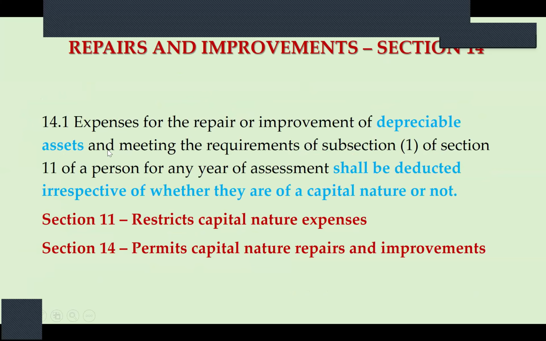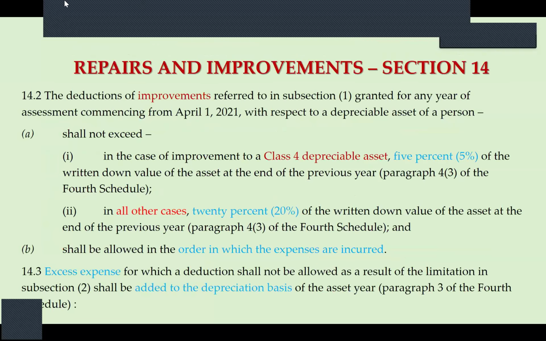But subsection 2 says if that expenditure is incurred for the improvement, then there is a limitation. That means if that expenditure is for the repair, without any limitation, the total repair expenditure can be deducted. If that expenditure is for the improvement, then it can be deducted subject to the restriction given under subsection 2.